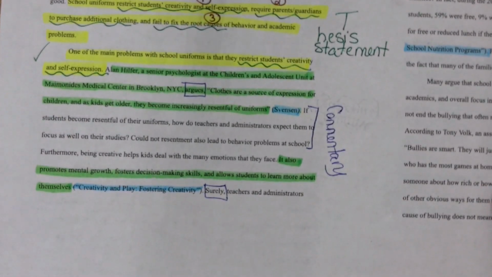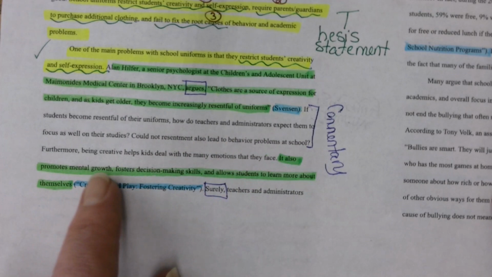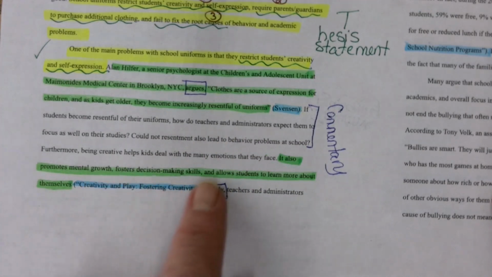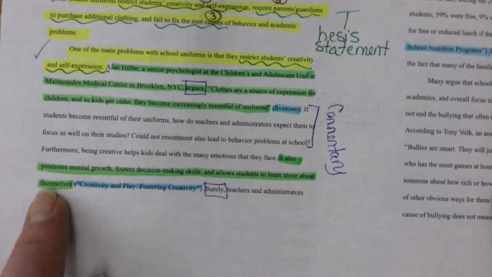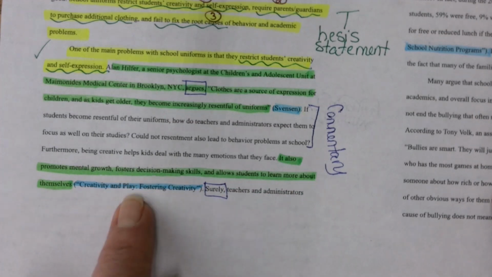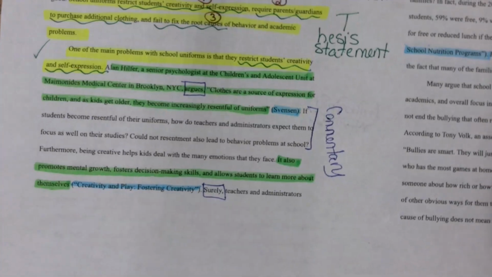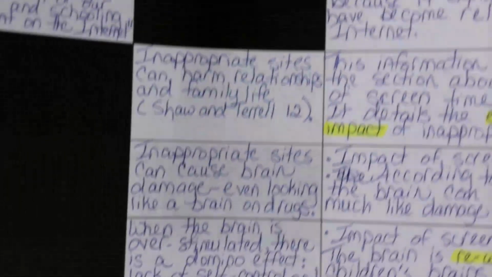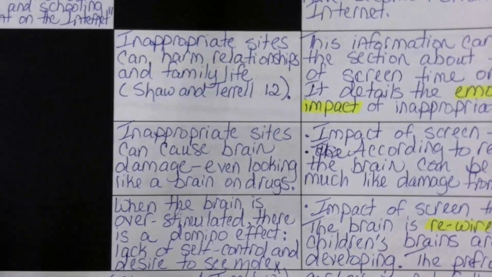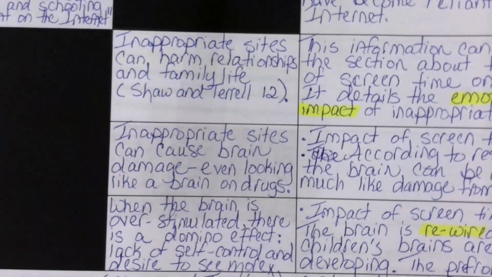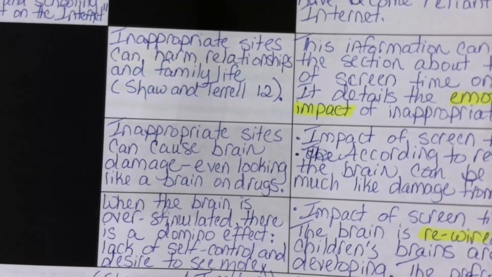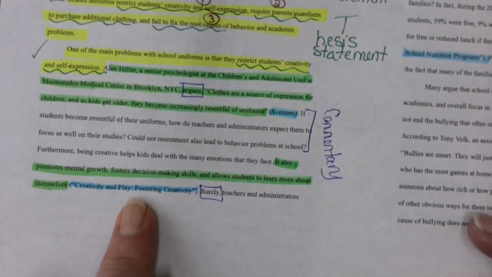Then they have a second piece of evidence. It also promotes mental growth, fosters decision-making skills, and allows students to learn more about themselves. Now notice this isn't a direct quote, but there is still a citation. If you use any of your summary or paraphrasing notes, which you should use, you can't use all quotes, you still have to provide a citation because these are not your ideas.